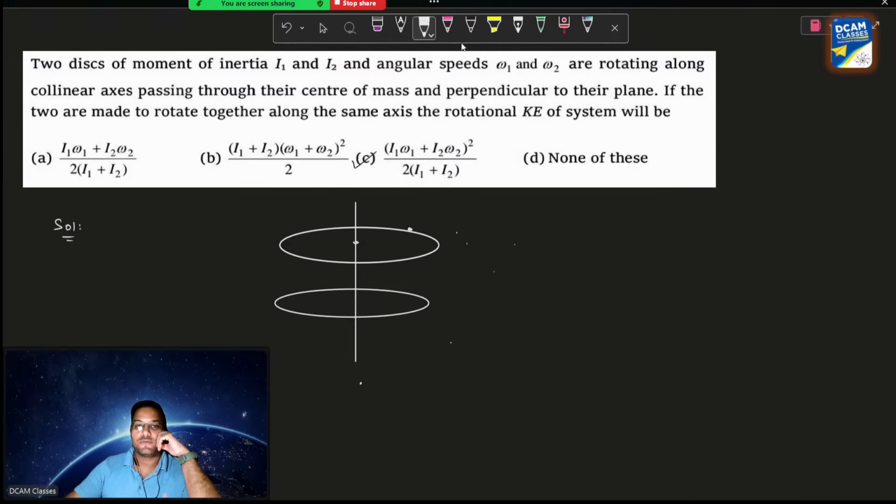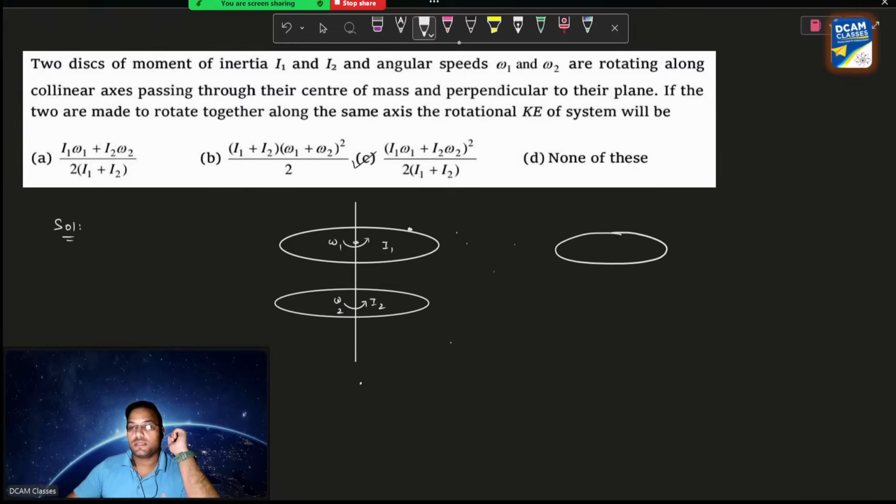This has a moment of inertia I1 and it's rotating with angular velocity omega 1. This has a moment of inertia I2 and it's rotating with angular velocity omega 2. Now, what happened after this? After this, they are combined.